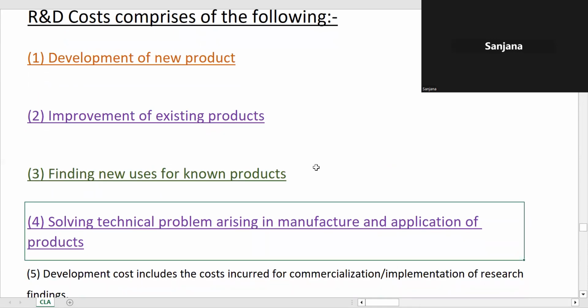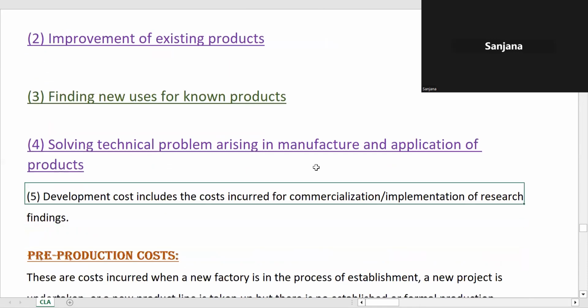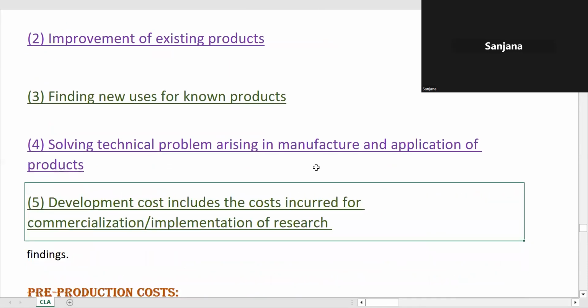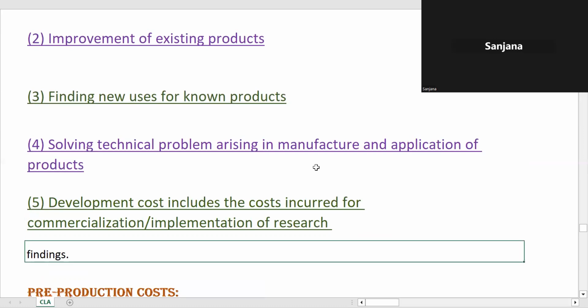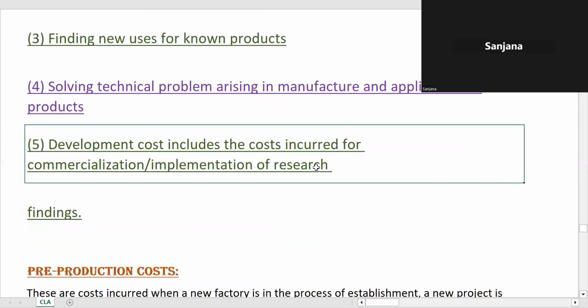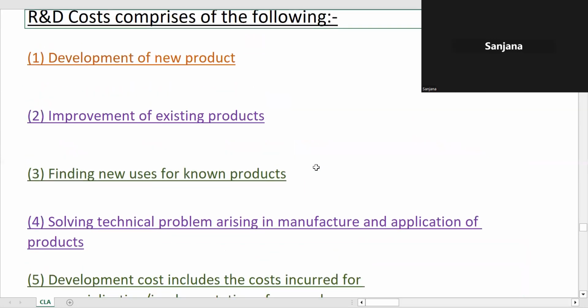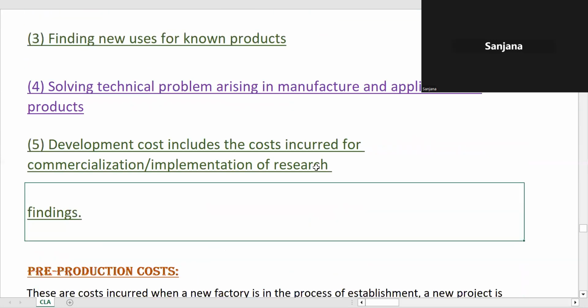It's something which cannot be solved by the regular workforce, and you have to research on it. Development cost includes the cost incurred for commercialization and implementation of research. Development means when you implement the research findings. So this completes our classification on the basis of function.